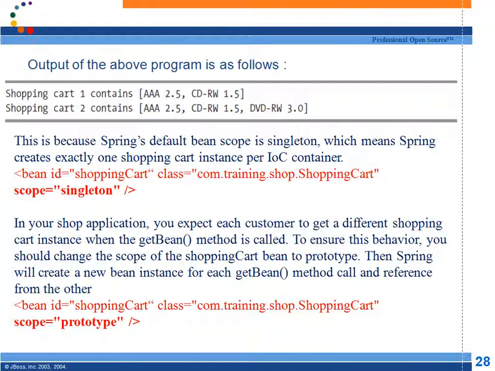No, because whenever I say get bean, a new bean has to be created, right? Prototype means every time I call get bean, I want a new bean. So if I say prototype, application context will not create this bean at the startup. Only singleton beans are created at the startup by application context.